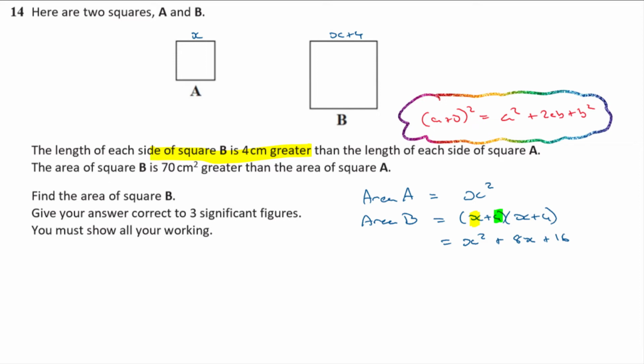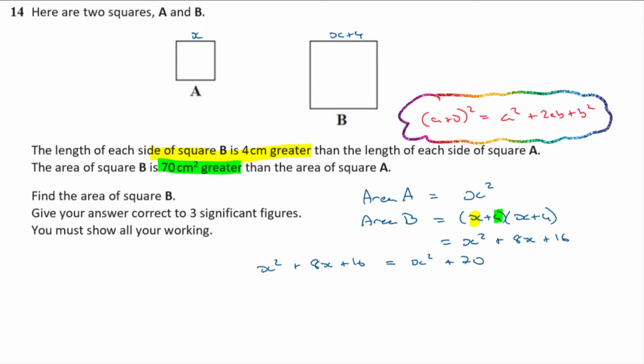So I know the areas now in terms of x, and I'm told that the area of square B is 70 centimeters squared greater than the area of square A. So that means if I take the area of square A and add 70 to it, it should be equal to the area of square B. In other words, x squared plus 8x plus 16 is equal to x squared plus 70.